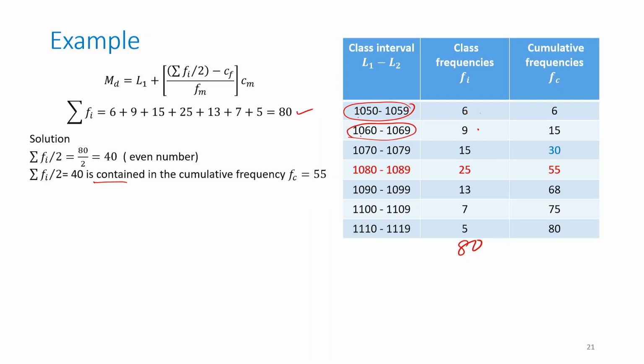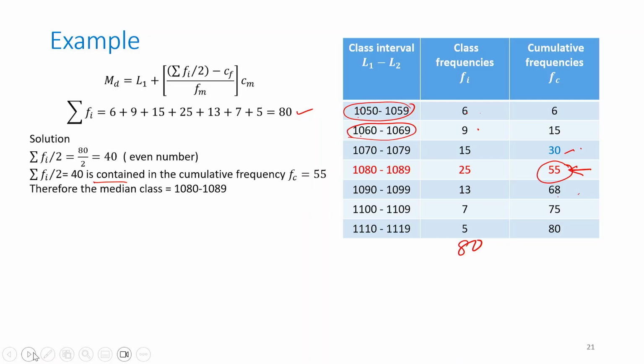This 40 is here. It is not crossing this. So this is the place where this Fi by 2, 40, is contained in the cumulative frequency, which is equal to 55. So it is somewhere here.